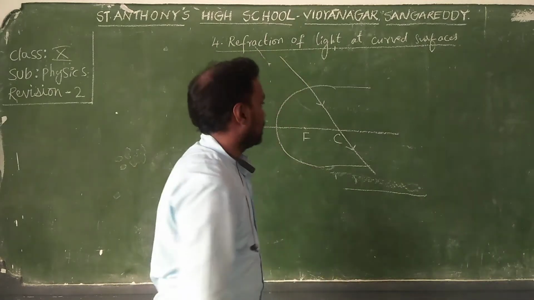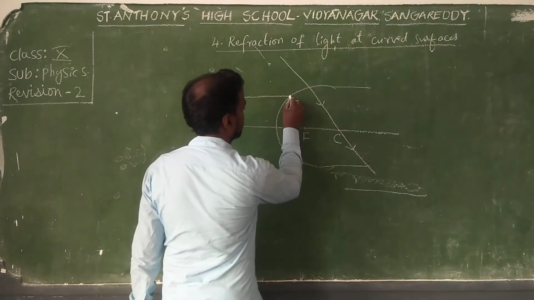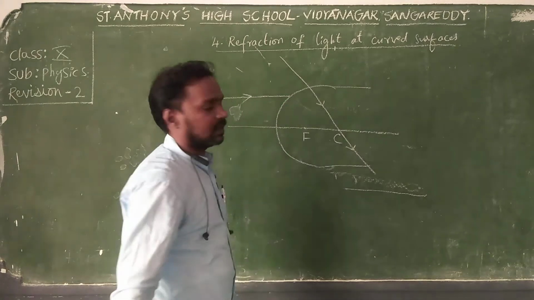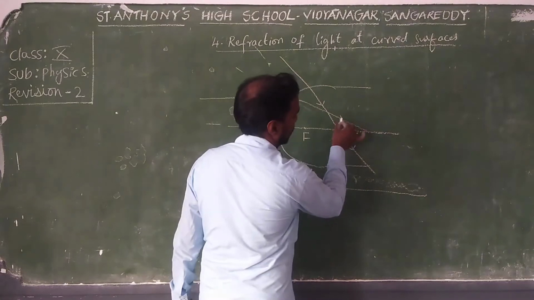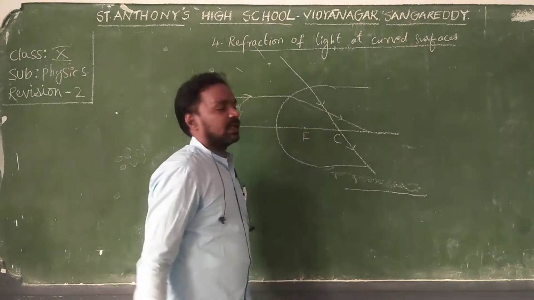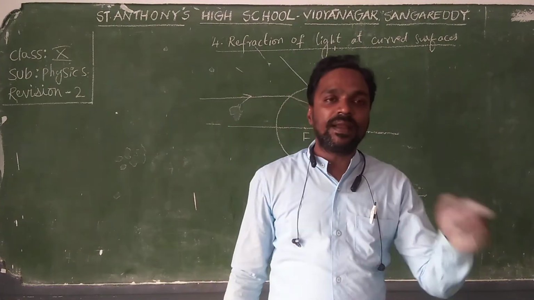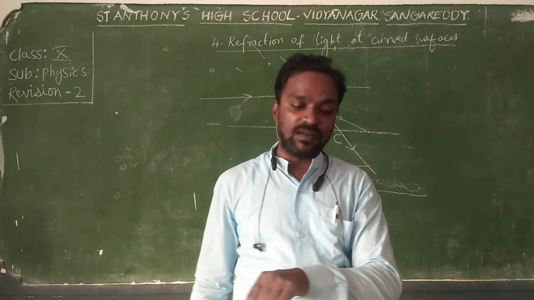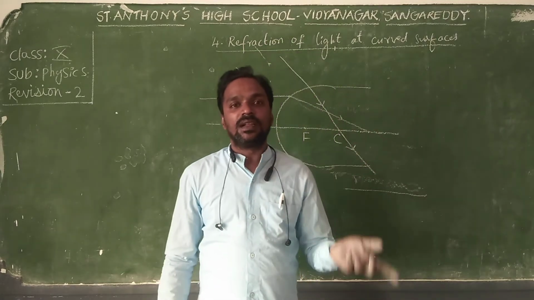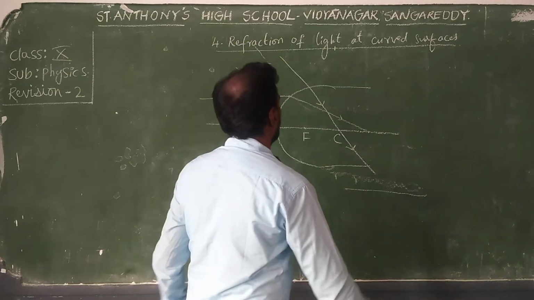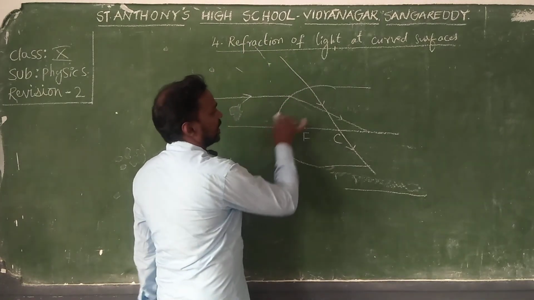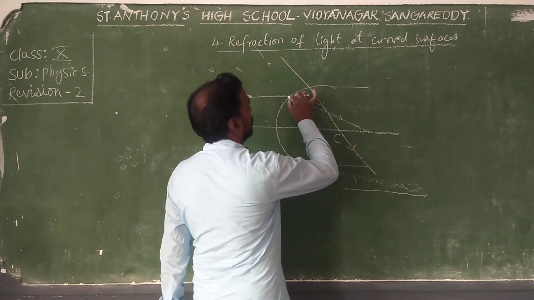When it is traveling parallel to the principal axis, after refraction, it will bend somewhere and meet on the principal axis. So this bending of light rays when they travel from one medium to another medium is called refraction of light. Now, which side is it bending? How to draw the normal?